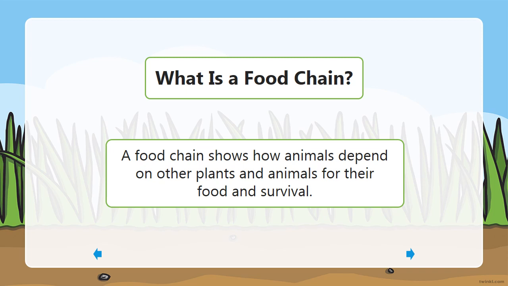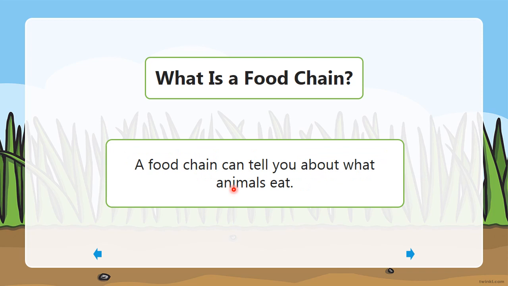Here is the answer. What is a food chain? A food chain shows how animals depend on other plants and animals for their food and survival. A food chain can tell you what animals eat.